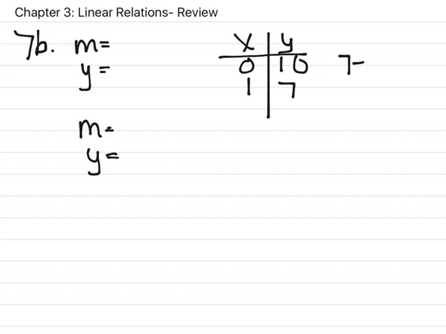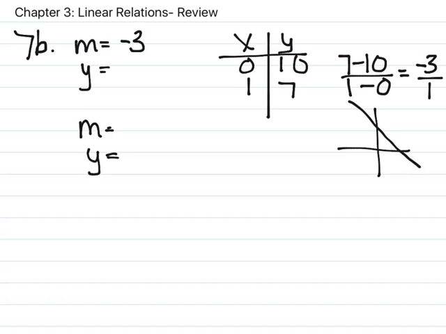You're going to have 7 minus 10 divided by 1 minus 0. So you're going to have negative 3 divided by 1, so your slope is negative 3. Which makes sense, because if you look at the rest of the values, you'll notice that the y values go down as the x values go up. So it would look something like this.